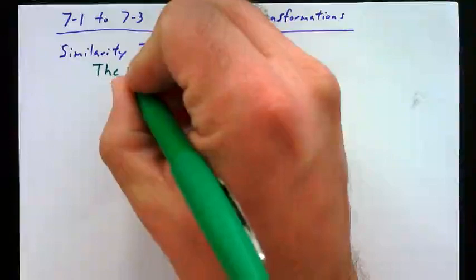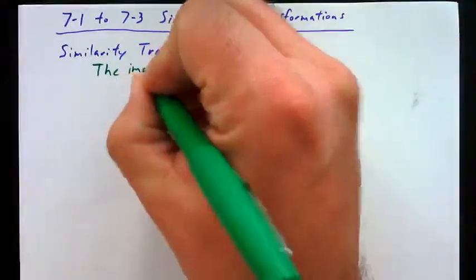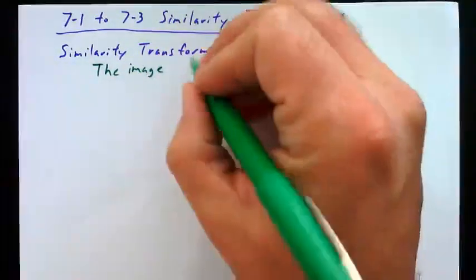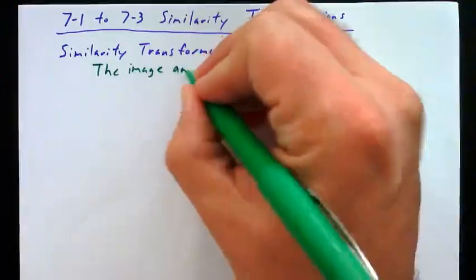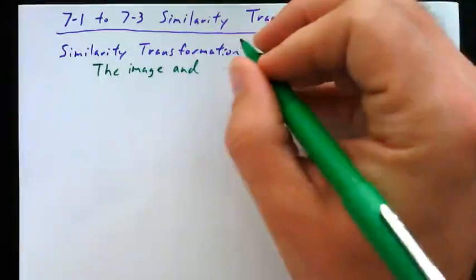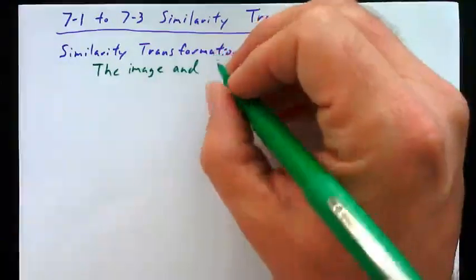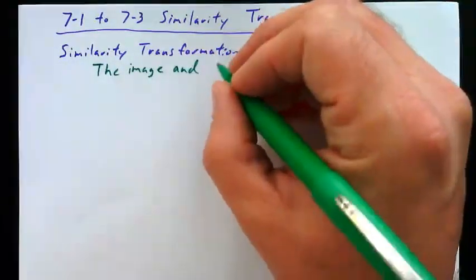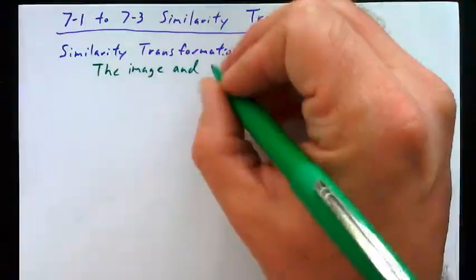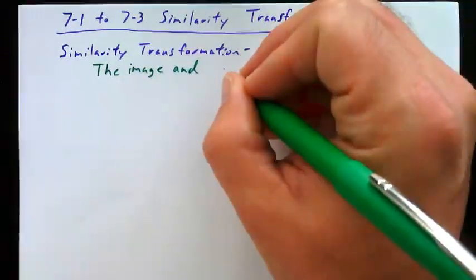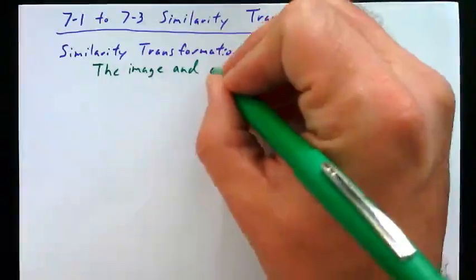Now, we also talked about our congruency transformations in terms of rigid motion, and how the shape and size were. A congruence transformation had the same shape and the same size. What do you think is true about the shape and size in a similarity transformation?